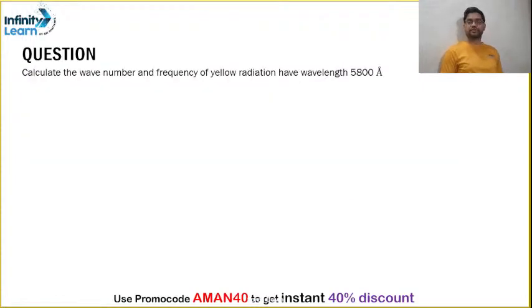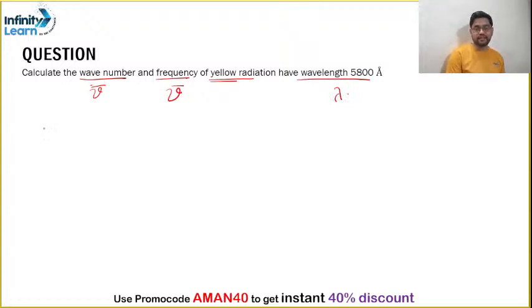Now let us solve some questions. Calculate the wave number and frequency of yellow radiation having this wavelength. What we need to calculate? Wave number, that is nu bar, and frequency, that is nu. Radiation wavelength is given, right?